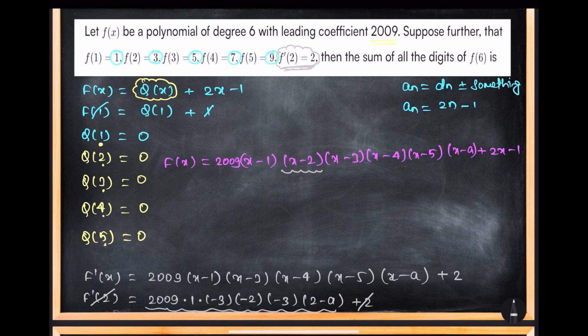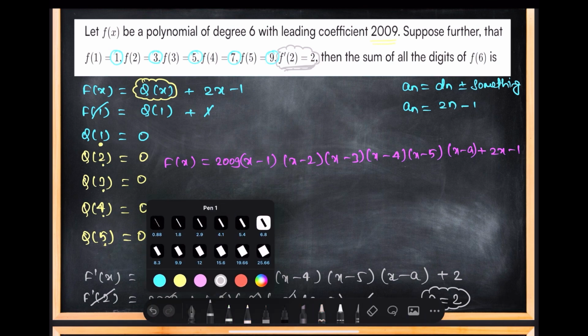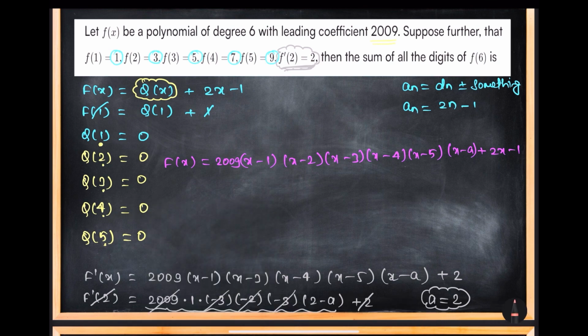So we can divide both sides by 2009. We can divide both sides by minus 3. We can divide both sides by minus 2. We can divide both sides by minus 3. Therefore, the value of a becomes what? 2 minus a is equal to 0. So a will become 2. Okay. So now we can update our polynomial, which will look like this.